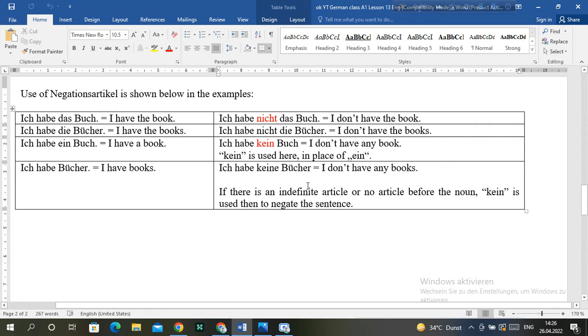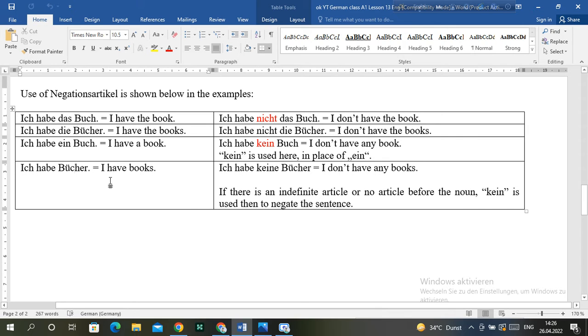The question is now when we have to take nicht and when we have to use negations article. It is like this: if the noun in the sentence that we want to negate has an indefinite article with it, as for example ein Buch, and if we want to negate such a sentence, then we have to take kein.